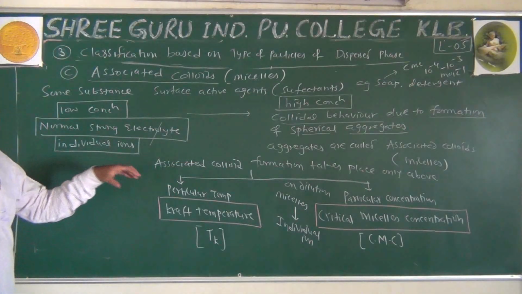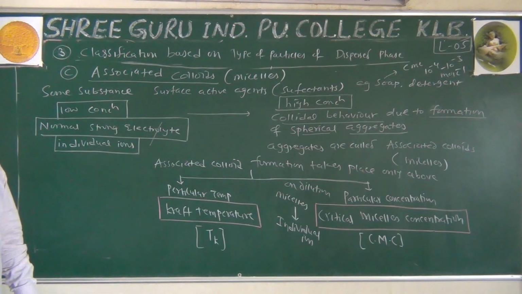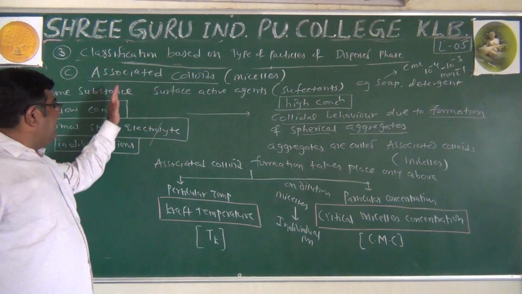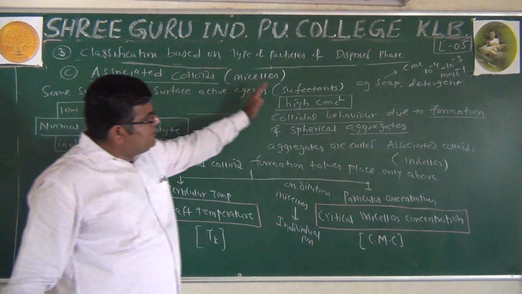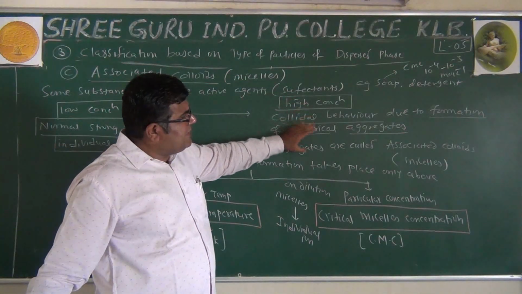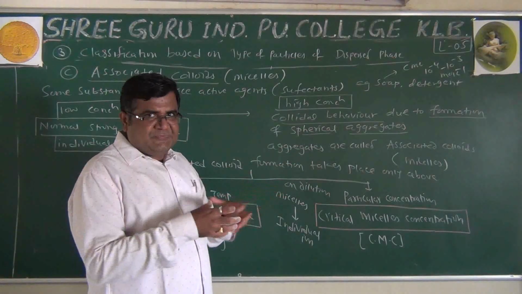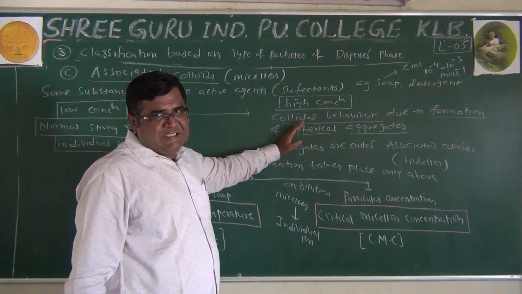If we dilute the associated colloid solution, it is a kind of reversible process, because at low concentration they exist as individual ions. At high concentration they exist as associated ions, clusters, aggregation is formed based on the difference in concentration.